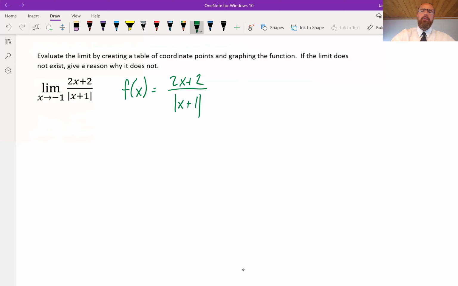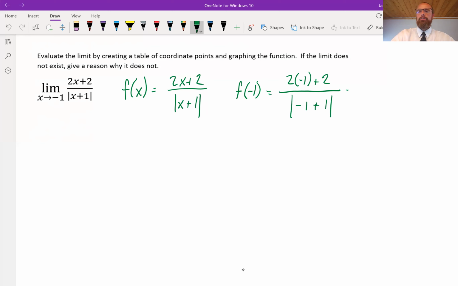So if I were to calculate f at -1, so I'm just putting that limit value in the function, I'm just going to replace any x's with that value of -1. So 2 times -1 plus 2 over absolute value of -1 plus 1.